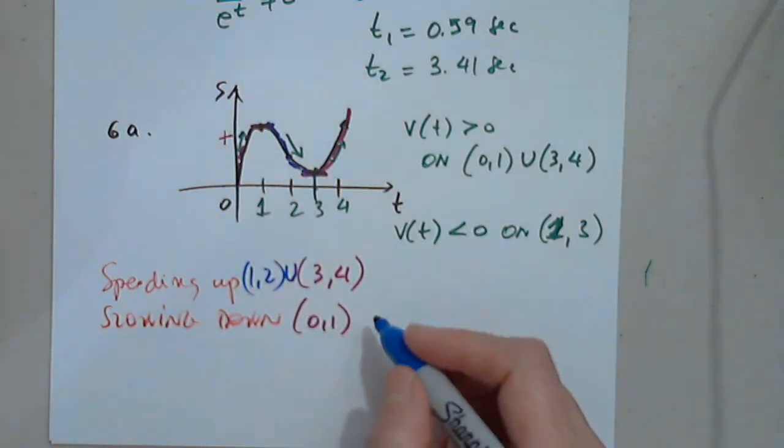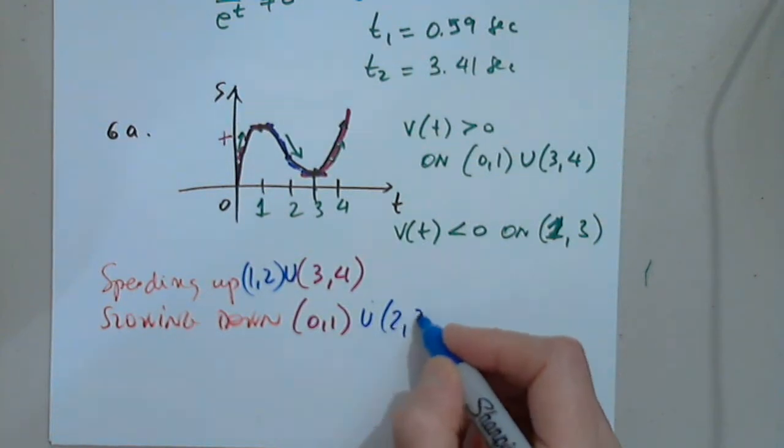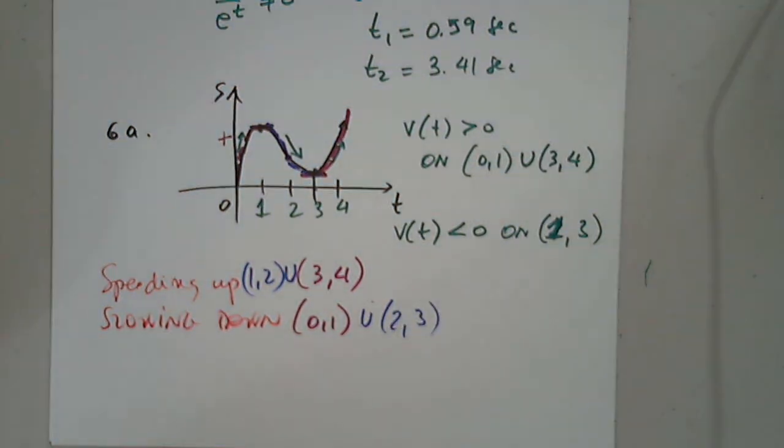So slowing down between 2 and 3. This is based on everything we studied so far. All this analysis is based on what we studied in this chapter and the previous one.